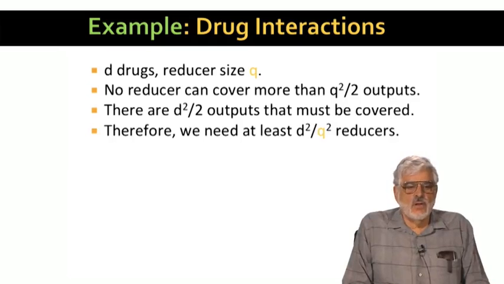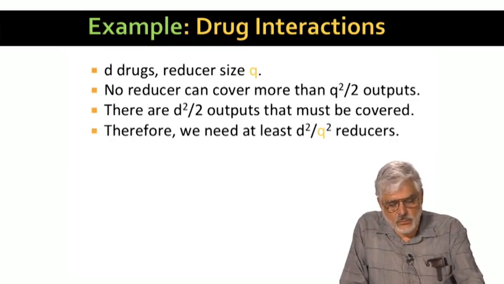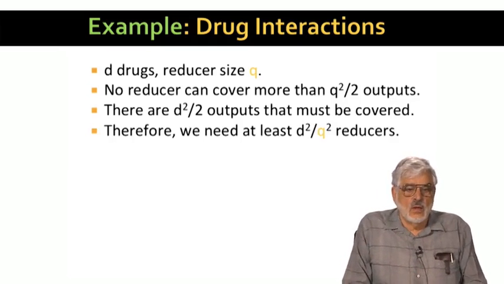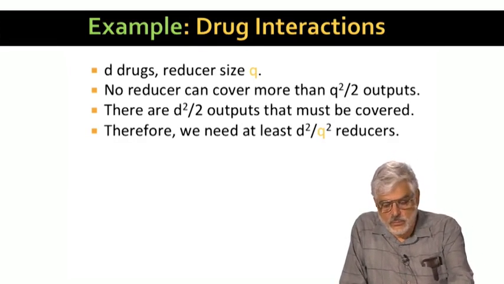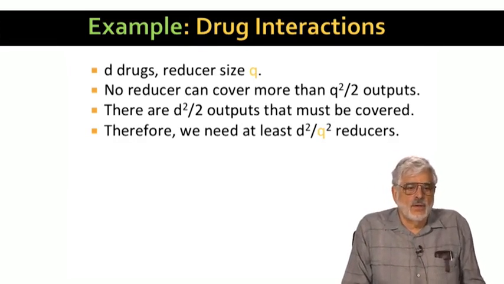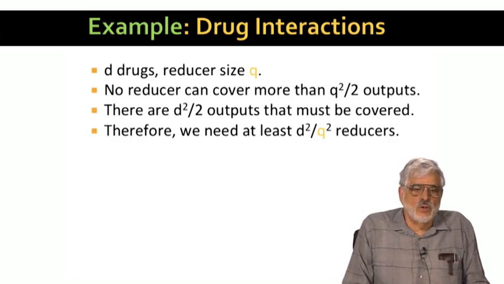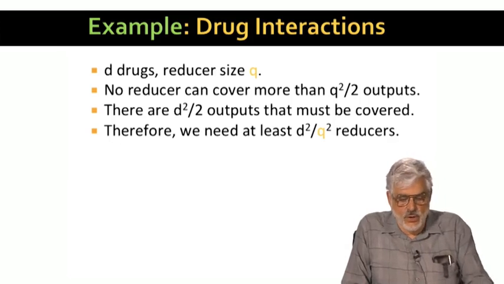So if we divide the number of outputs by the number of outputs one reducer can cover, we get the minimum number of reducers that must exist. In this case, the number is d squared over q squared.